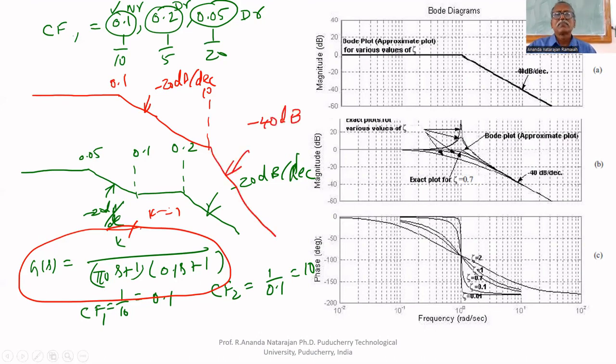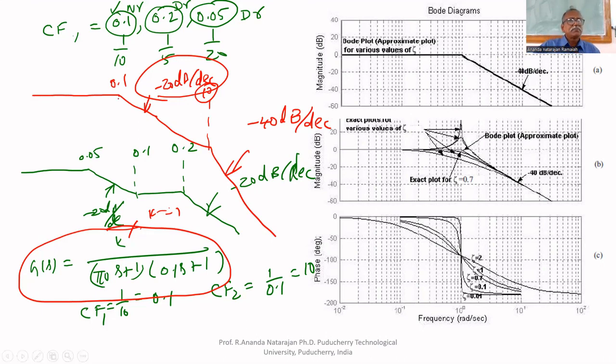Why? There is another denominator factor. After 10 radians per second, another factor comes. That's why it decreases at the rate of minus 40 dB per decade.